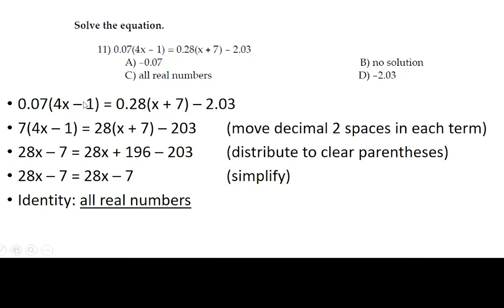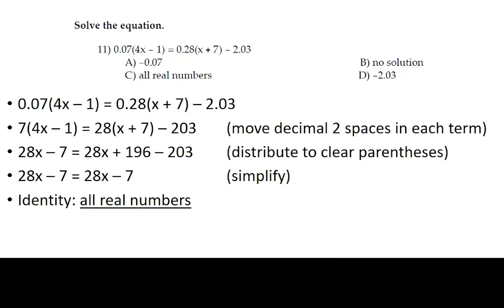In each term, and we have 1, 2, 3 terms, we will move the decimal point 2 spaces to the right. 1, 2. 1, 2. 1, 2. Now all the decimals are gone. We have 7 times the quantity 4x minus 1 equals 28 times the quantity x plus 7 minus 203.